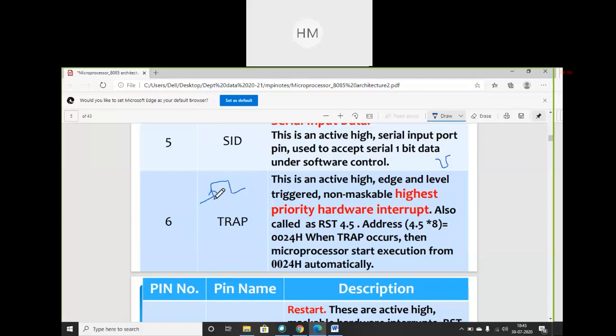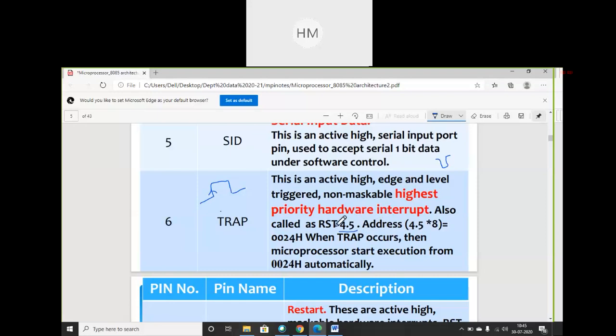Clear? It is an active high pin because no bar sign is mentioned here. Whenever a bar is there, it is an active low pin. So this is an active high pin. But what happens here? It has a fixed address. So this is also known as RST 4.5. RST means restart. This is the address. How will we find the address?